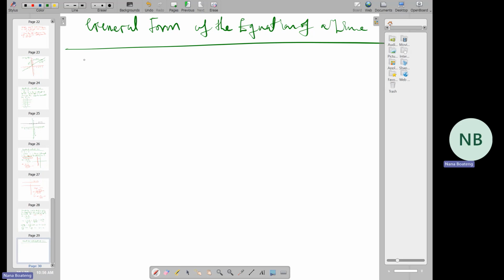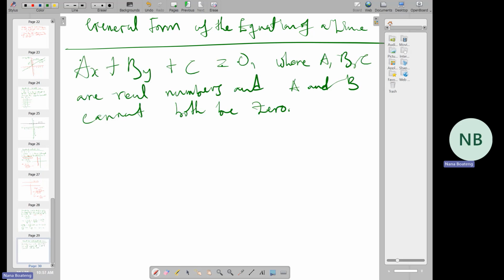All right, so let's use an example to illustrate the general form of an equation of a line. So this is example 5.